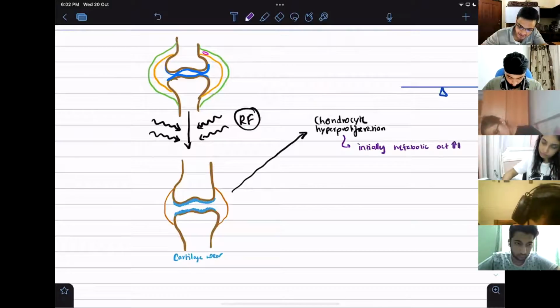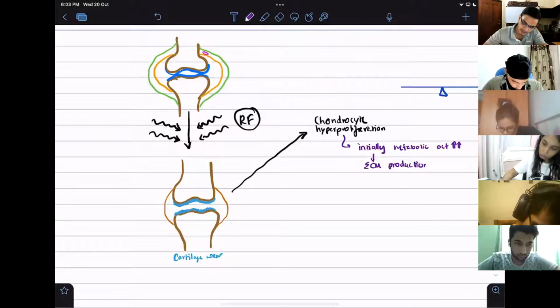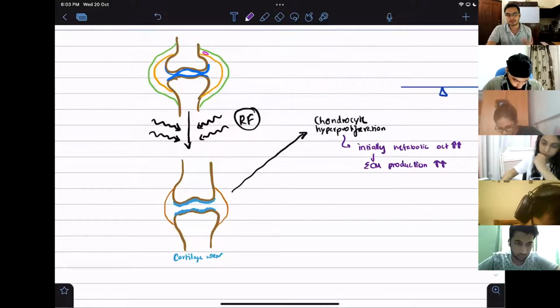That means extracellular matrix production increases, in an attempt to heal this wearing of cartilage. The chondrocytes will start producing more and more new cartilage.